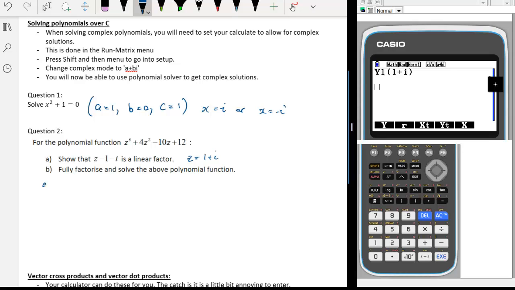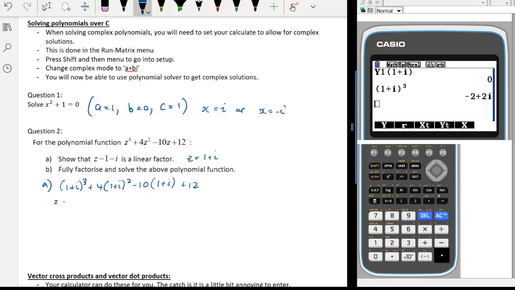Now the idea here is, if you were working this out and you were saying this is 1 plus i cubed and 4 lots of 1 plus i squared, take 10 lots of 1 plus i plus 12, and you wanted to check that your expansion of 1 plus i cubed is right, we can put this in as 1 plus i cubed.